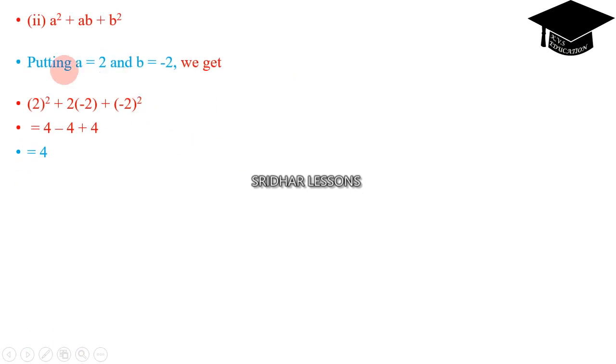And for question 2, a square plus ab plus b square. So we have to put a is equal to 2 and b is equal to minus 2. So 2 square plus 2 into minus 2, because a is equal to 2 and b is equal to minus 2, plus minus 2 whole square, that is 4 minus 4 plus 4, which is equal to 4, because this 4 and 4 will get cancelled.